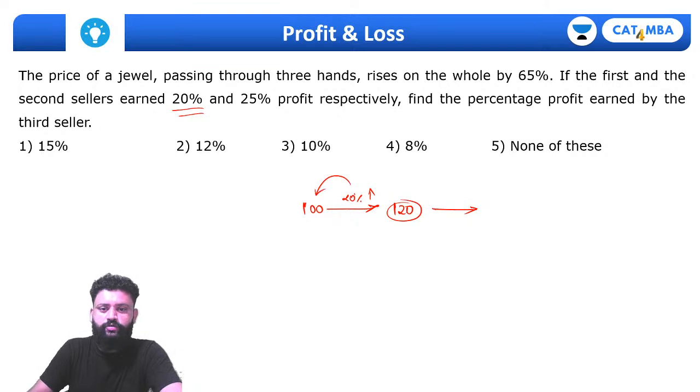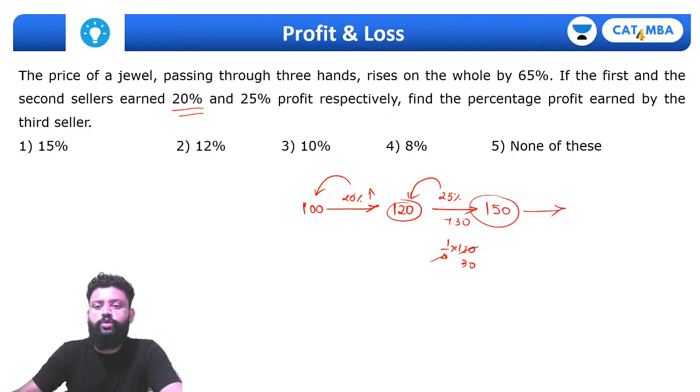This 20% was on 100. Next seller will earn 25%, but that is not 25% of 100, it will be 25% of 120. So 1/4 of 120 comes out to be 30. So plus 30, that is 150.